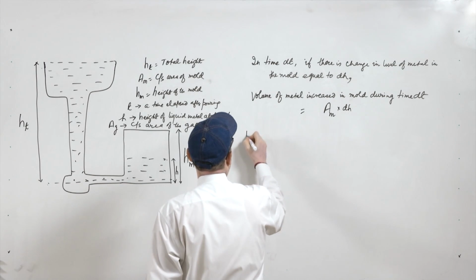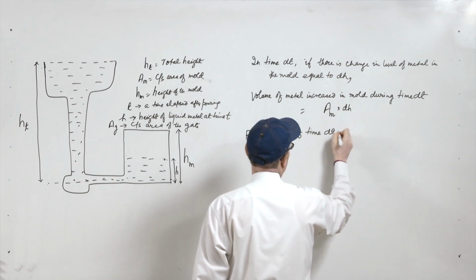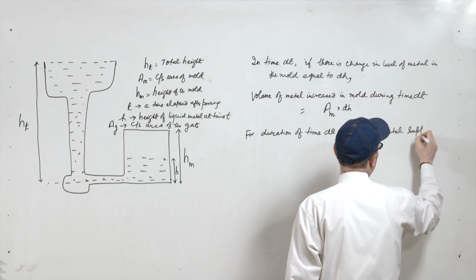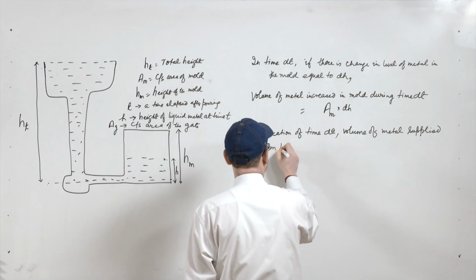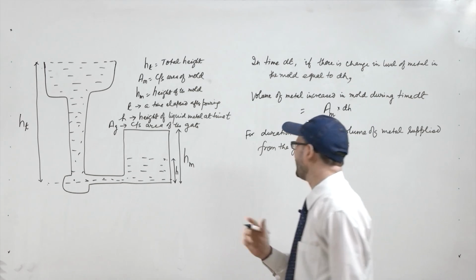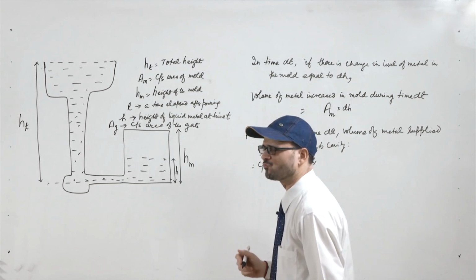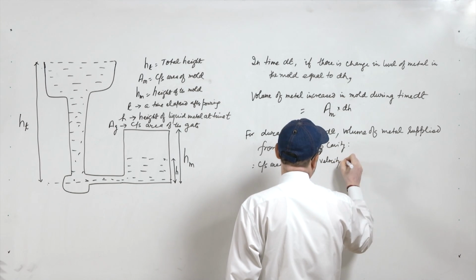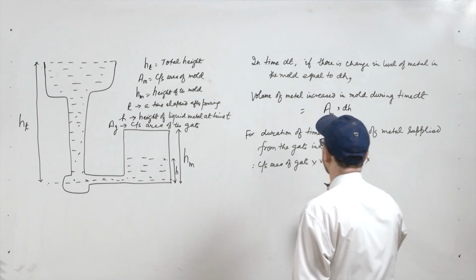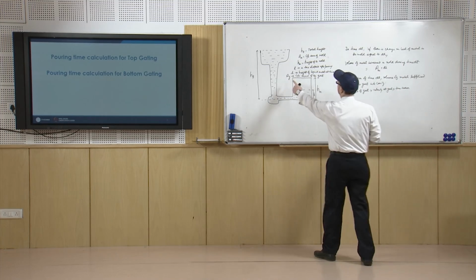So, for duration of time dt, the volume of metal supplied from the gate into the cavity will be nothing but the cross sectional area of the gate multiplied by velocity at the gate and then that being multiplied further by the time taken. So, cross sectional area of the gate is written as Ag.